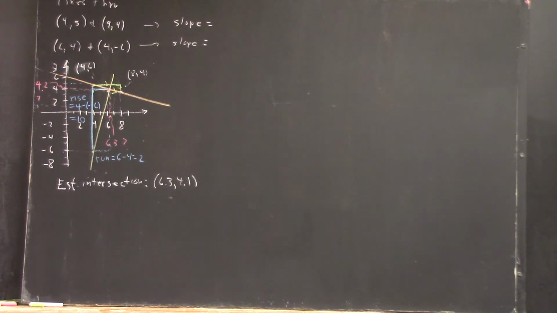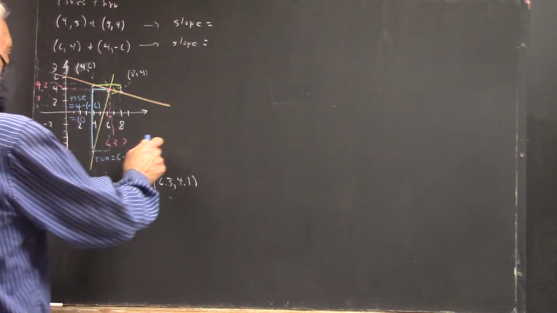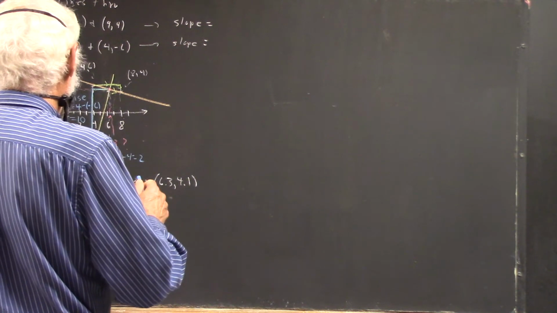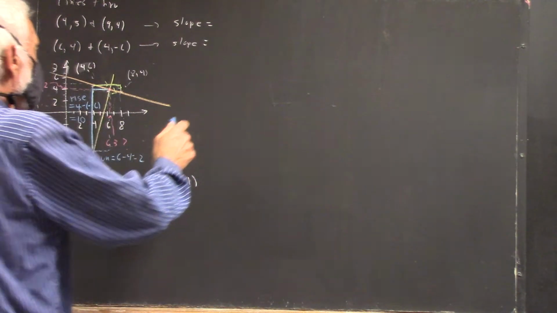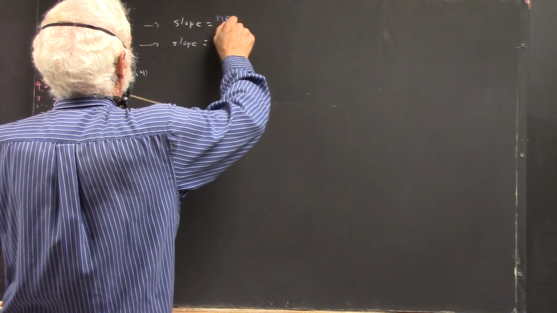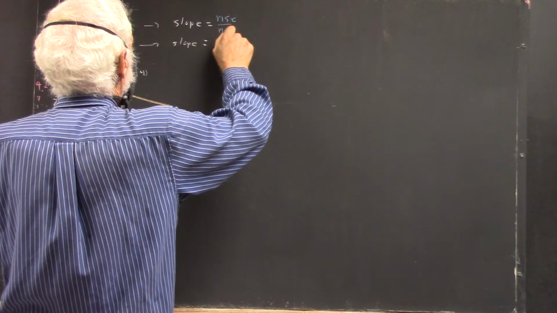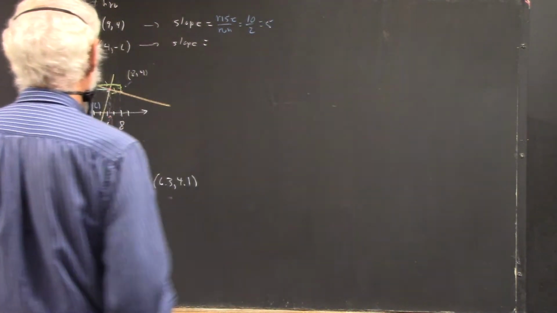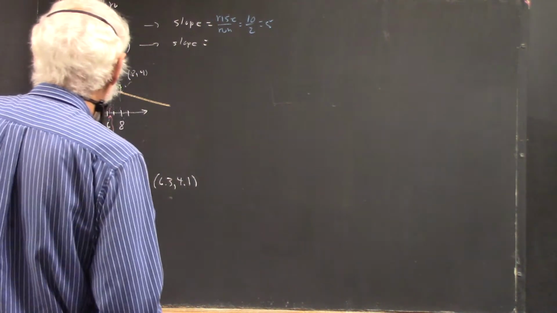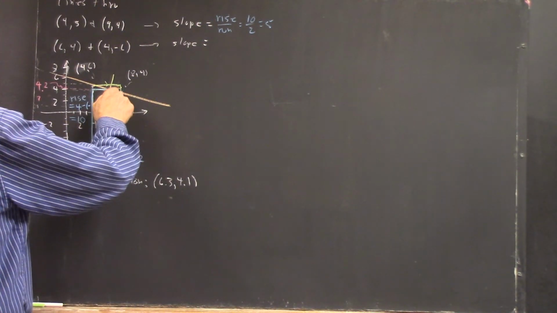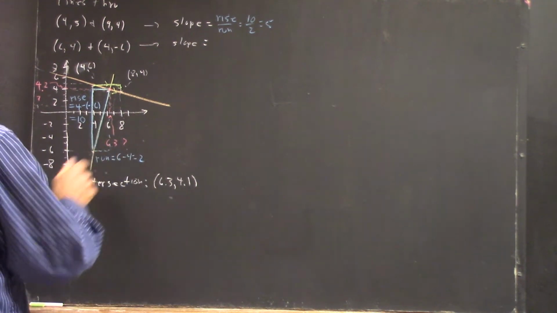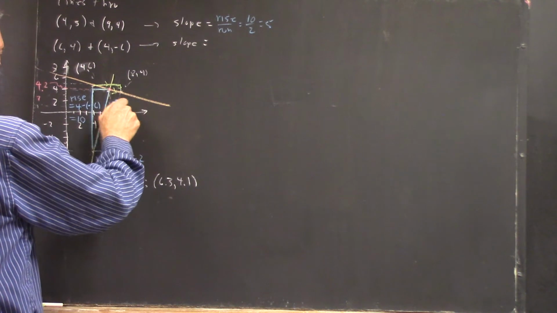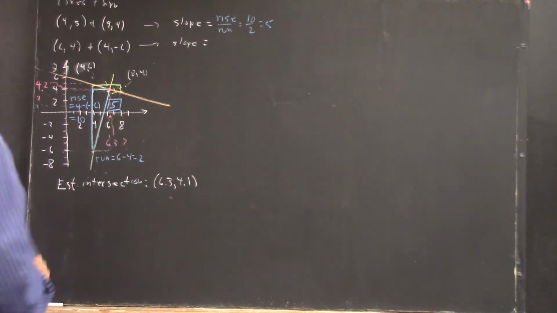So the slope is 5, and I'll put that with a box around it.